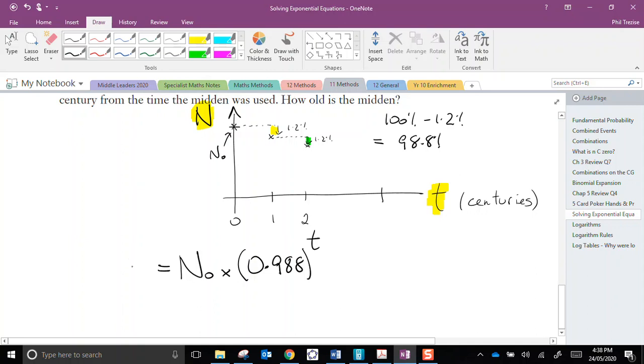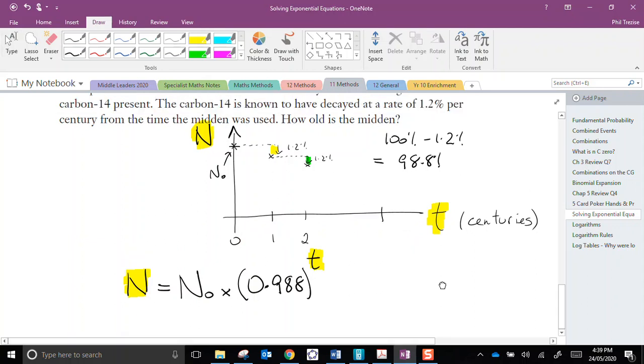Altogether, that's going to calculate for me the number of atoms present. N is a variable. That's the capital N on the axis, and that represents the decreasing number of carbon-14s. T is a variable representing time in centuries. Now, we don't know how many we began with, do we? So let's go back to the question for a clue.